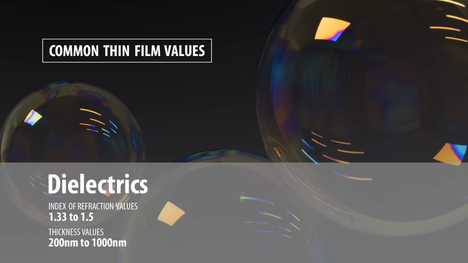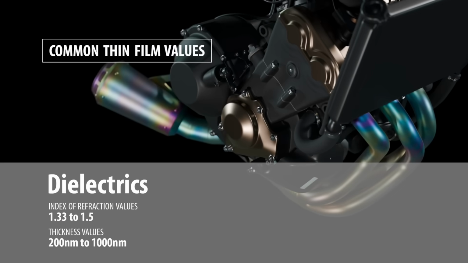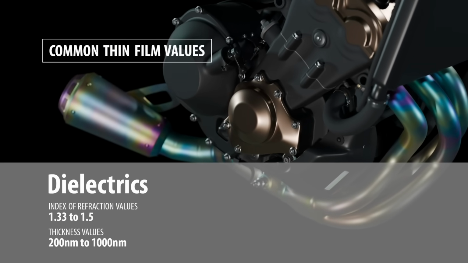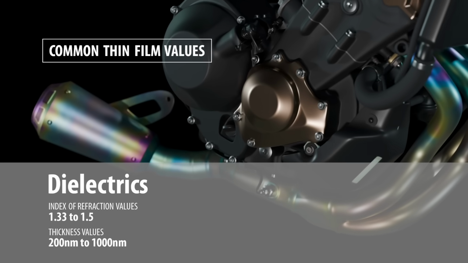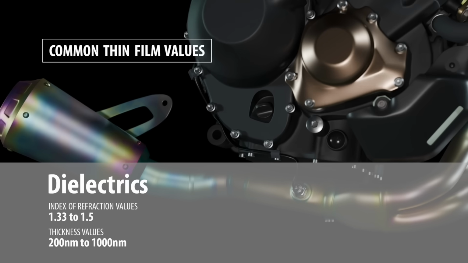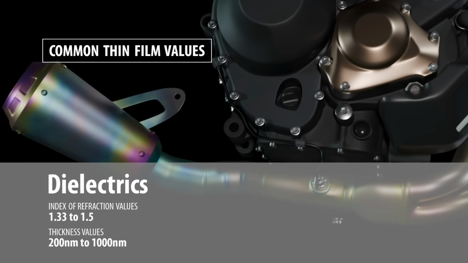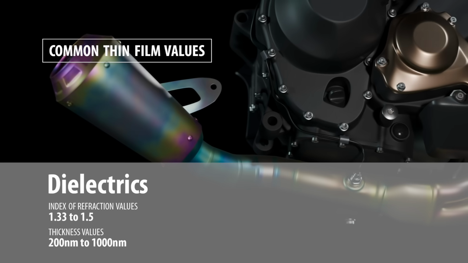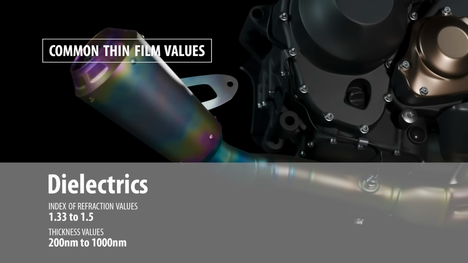In contrast, the thin films created by thermal oxidation on metals, like the bluing on an exhaust pipe, have been measured in laboratory experiments and are somewhat different than those used in dielectrics. These different values will produce the vibrant, saturated tinting you see on many metallic surfaces with thin film properties.